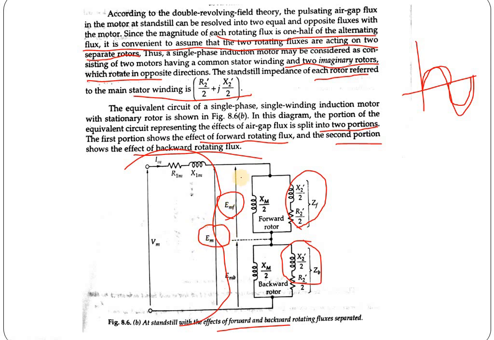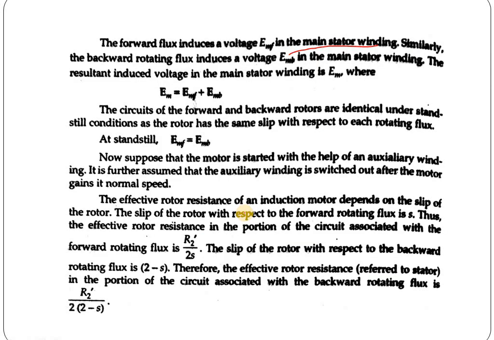Now we have divided this EMF into Emb and Emf, according to backward field and forward field. That means the total EMF is generated by the combination of forward field and backward field. So the resultant induced voltage in the main stator winding Em is basically Em equals Emf plus Emb.